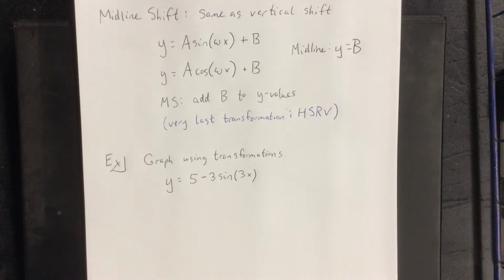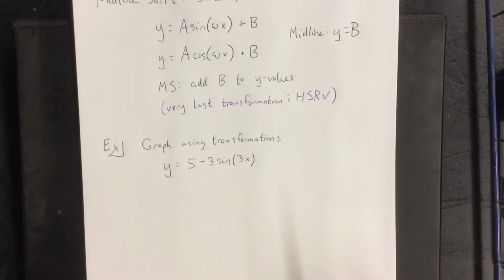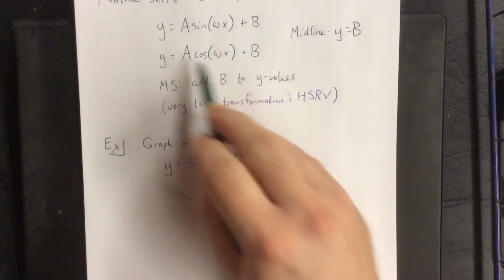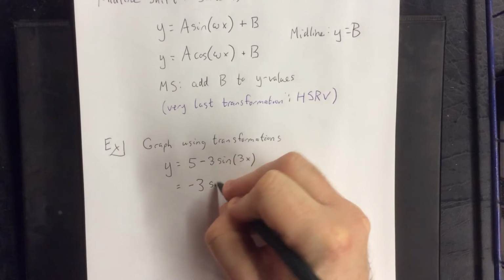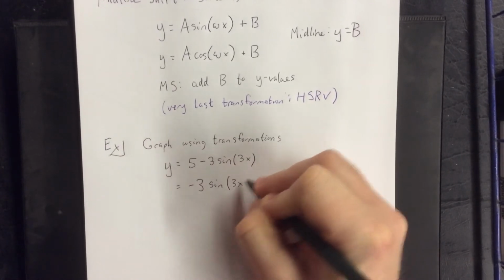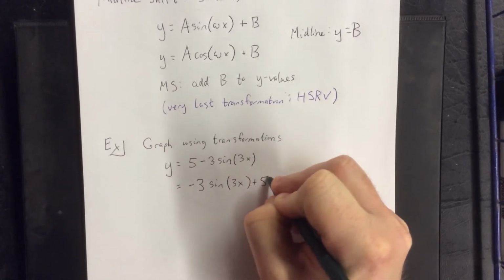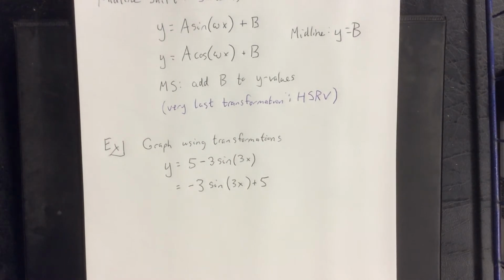Now, first thing I'm going to do is reorder this in a slightly different fashion so that it better demonstrates this form that we see up here. So our a value is going to be negative 3. That 5 is positive. I'm going to put it at the end of the statement rather than at the beginning of the statement.